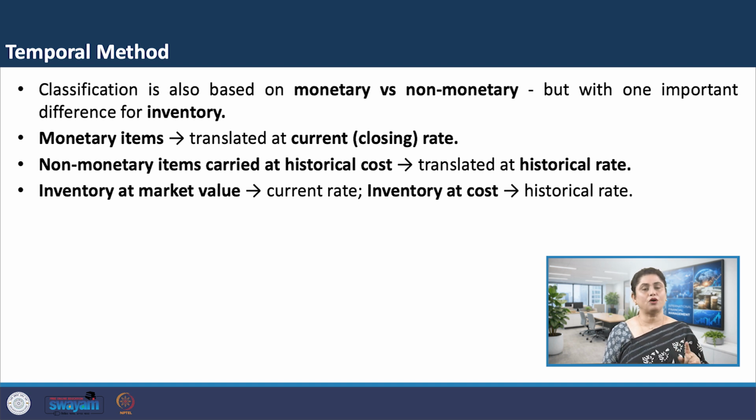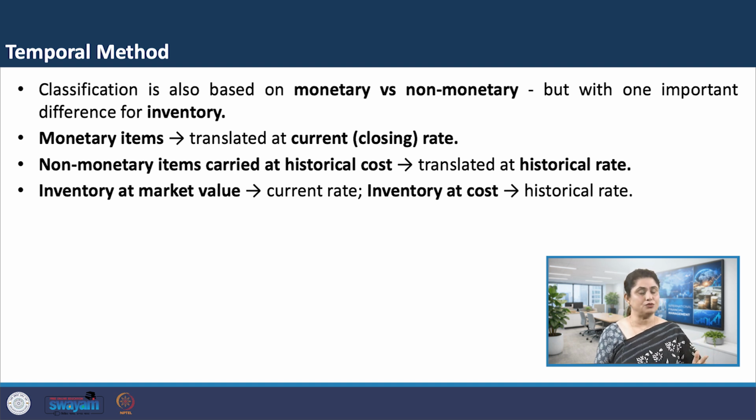Under the monetary non-monetary method, inventory is always non-monetary and therefore always translated at the historical rate. But the temporal method says it depends on how the inventory is measured on the books, because accounting follows a key principle: anticipate losses but do not anticipate gains.